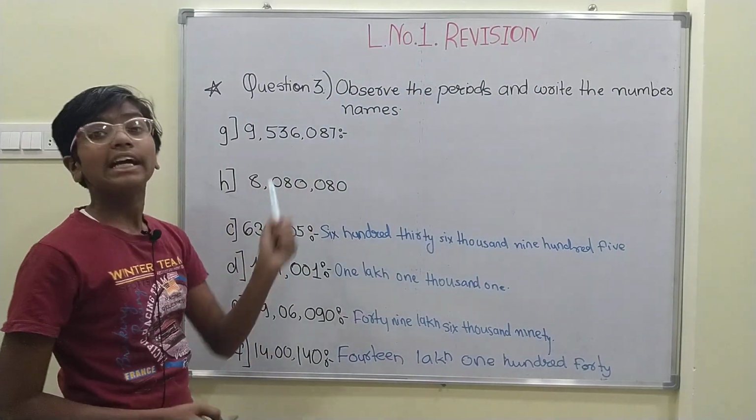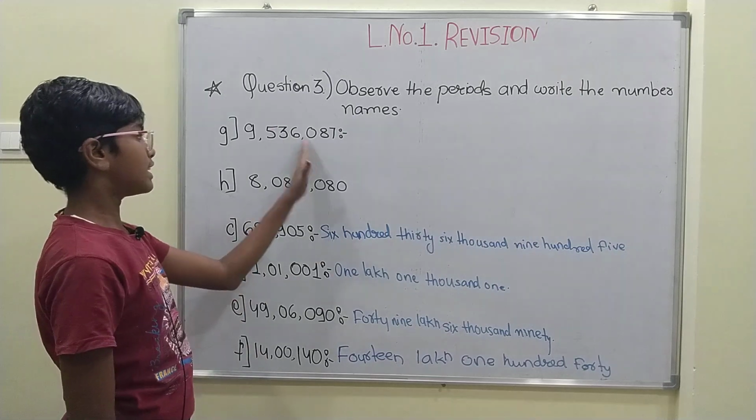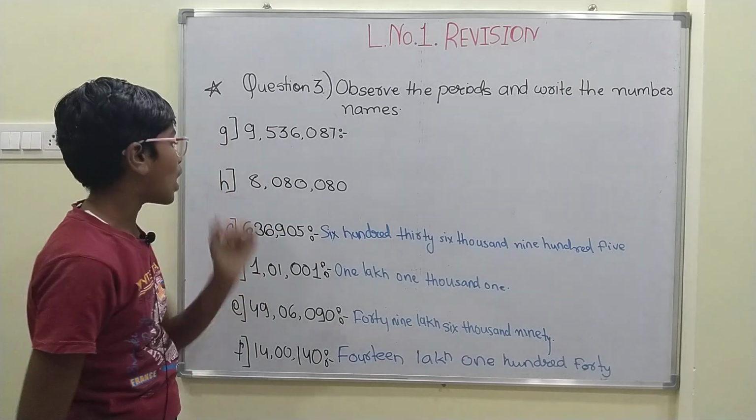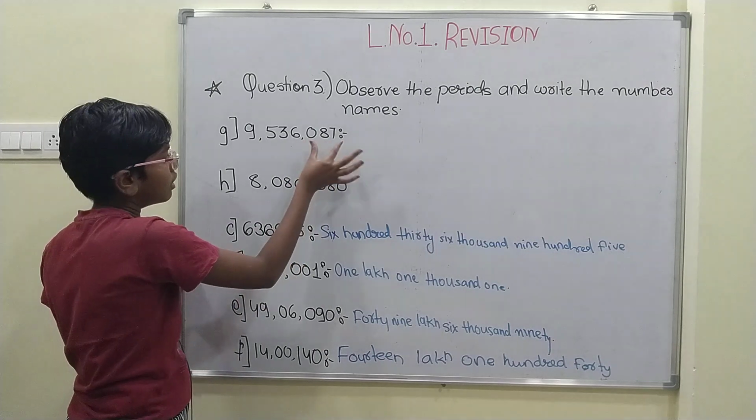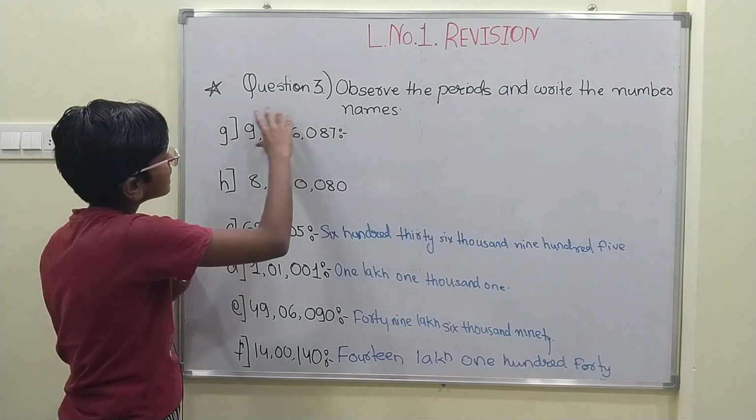Now this is in the international system. 3 digits, 3 digits. Now how will I write it? I will write ones, tens, hundreds. This is the thousands and this is the millions.